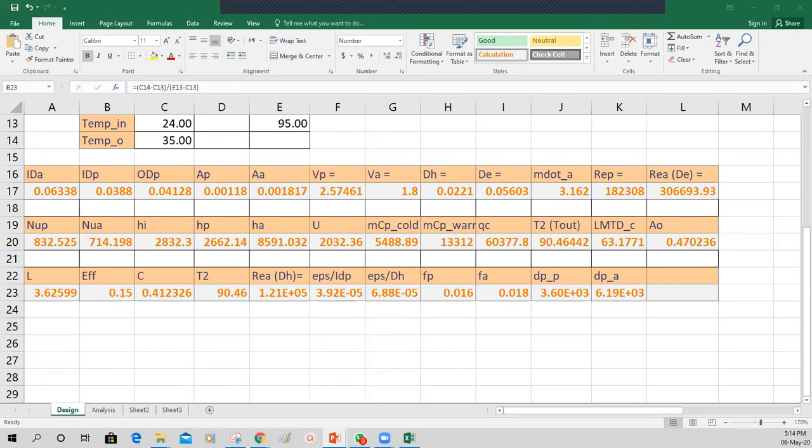C is the capacity ratio, the minimum over maximum, that is C = MCP minimum over MCP maximum. So you can see which one is minimum. The cold fluid is minimum, which is 5,000, and the warm fluid is more, which is 13,000, right? Yes.